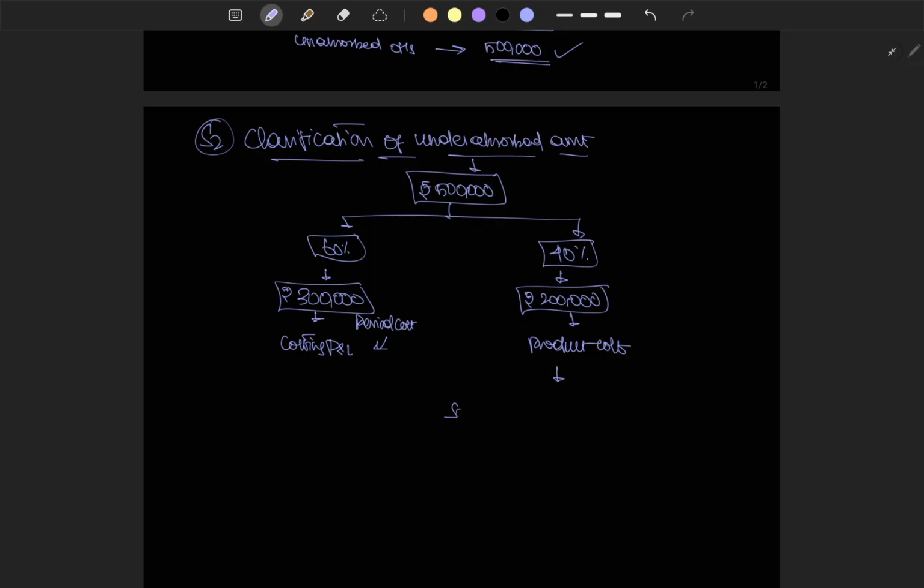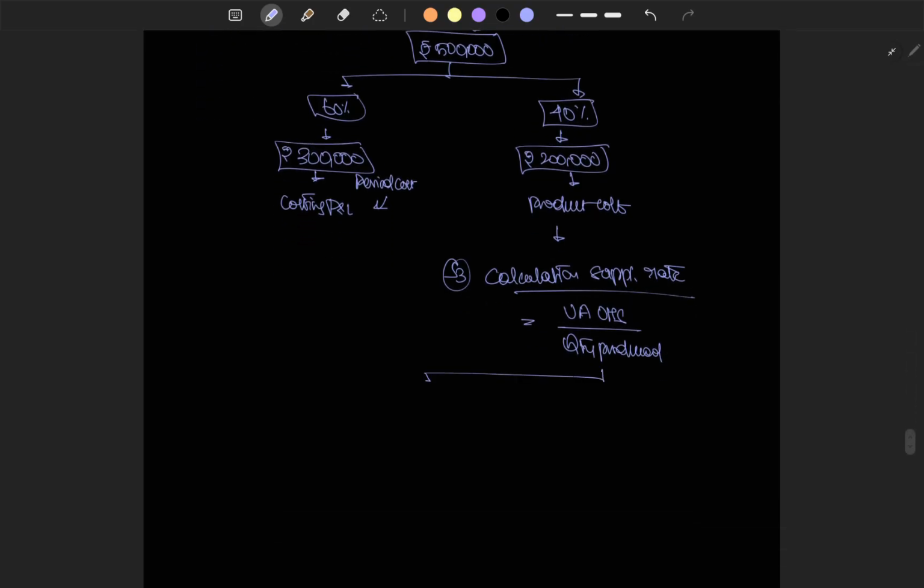This is where our third step comes around, which is calculation of supplementary rate. So the supplementary rate is under absorbed overheads divided by quantity produced. Under absorbed overheads is what? 2 lakhs.